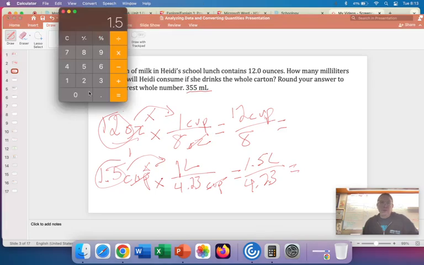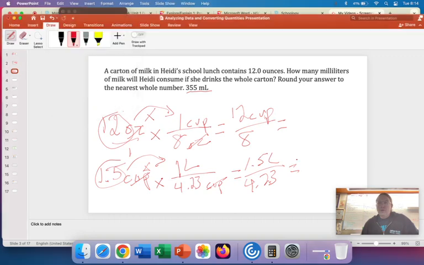So this would be 1.5 divided by 4.23. I get 0.355 liters. And then to get from liters to milliliters, I multiply by that conversion factor.